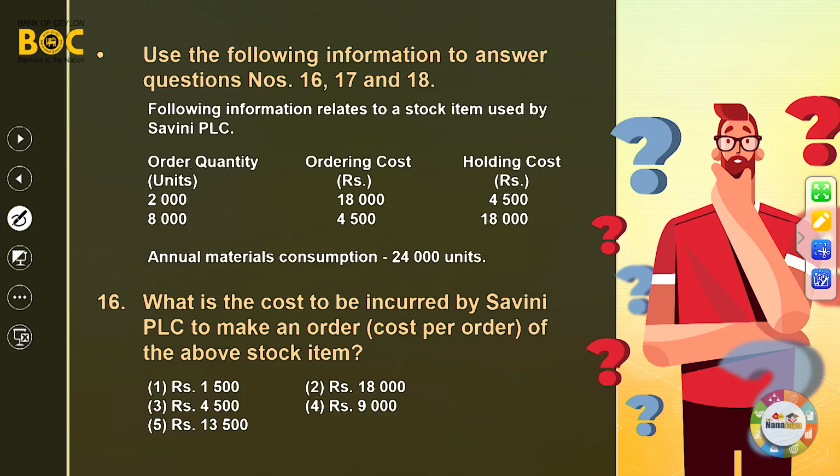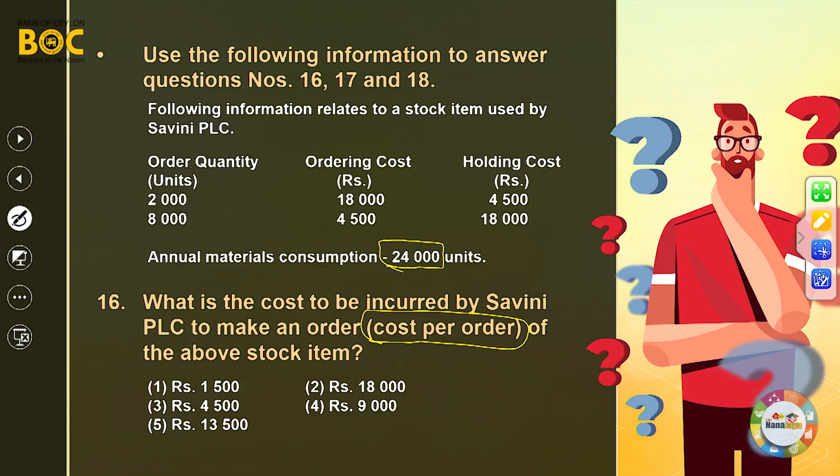Annual material consumption is 24,000. What is the cost to be incurred by this company to make an order, or cost per order?